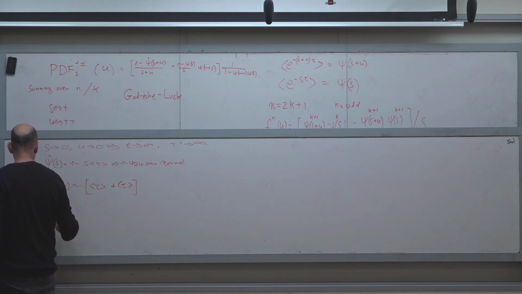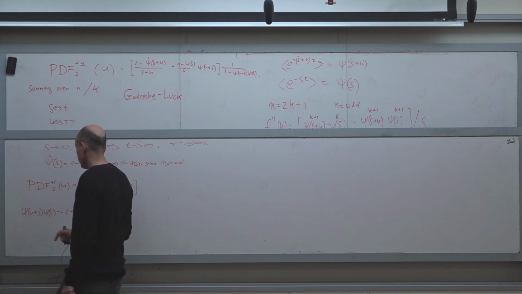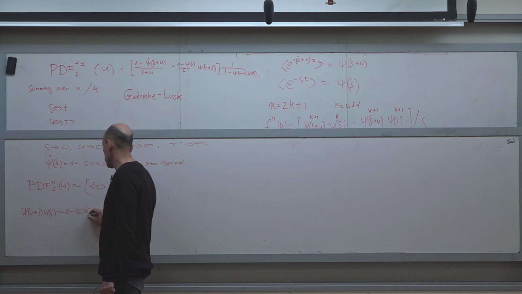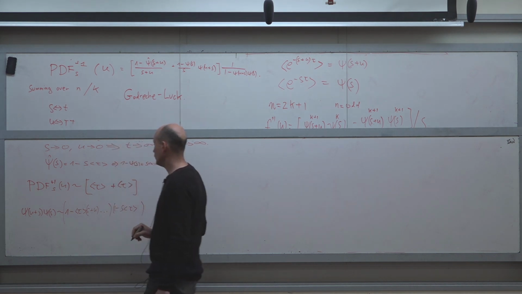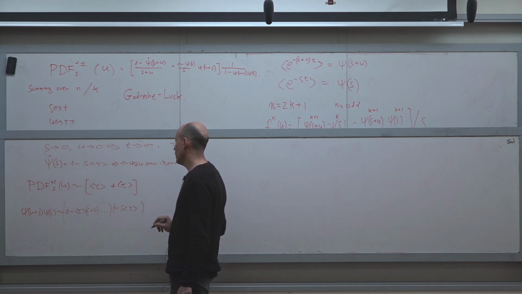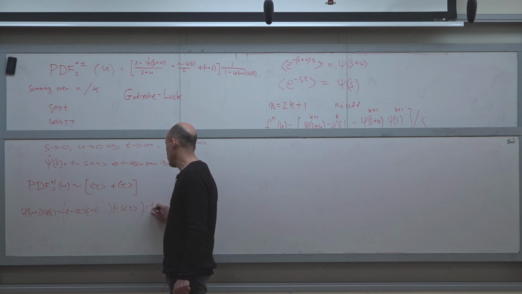What is this thing, psi of u plus s times psi of s? It is roughly u minus average of tau times s plus u, times 1 minus s tau. So this is equal to 1 times 1, which is of course 1.